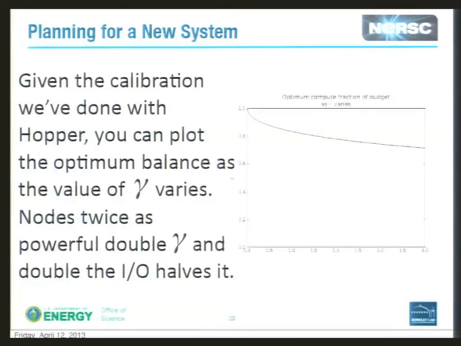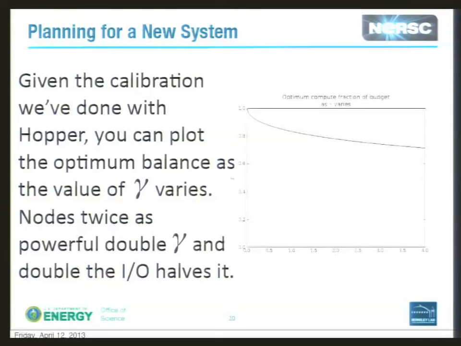You could also use this in another way. You can say, well, for my next procurement, the I/O stuff is really going to cost about the same as it ever cost. The disks are not getting that much cheaper that quickly. The other parameters that went into gamma are all going to be the same with the one exception that we're following Moore's law, and the productivity of my node is going up. Let's say it's 3 years before I buy my next one, so now I've got a compute node that can do 4 times as much.